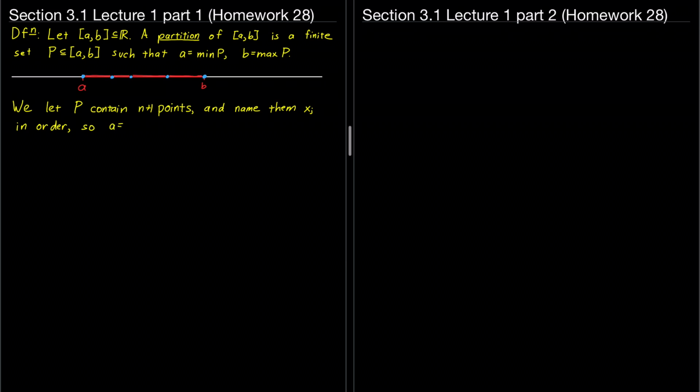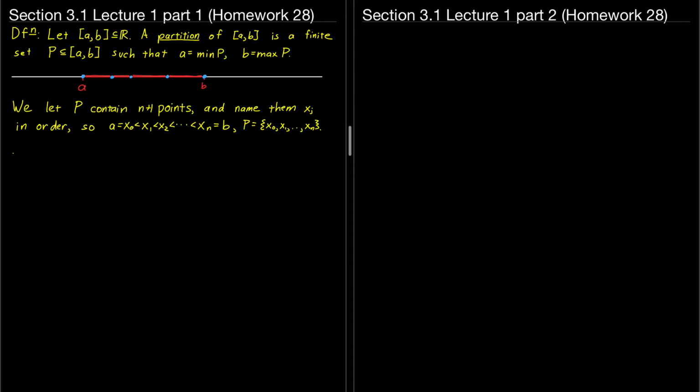So a = x0 < x1 < x2 < ... < xn = b, n plus 1 points including 0, and P is the set of all the xj's.